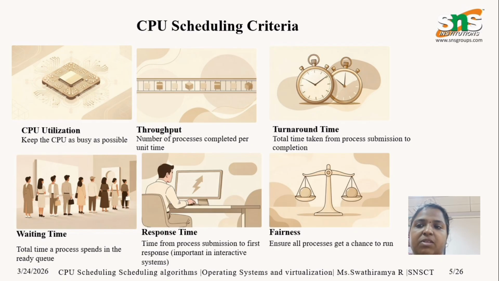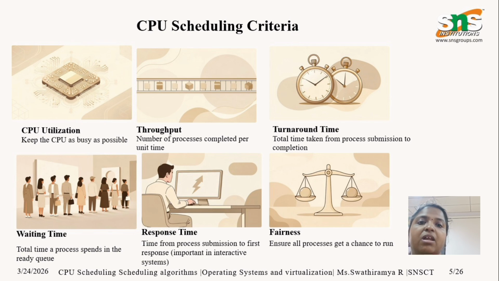Then the fourth is waiting time, the total time a process spends in the ready queue. Once the process enters the ready queue, how long it waits in the queue is called waiting time. Next is response time, the time from process submission to the first response.